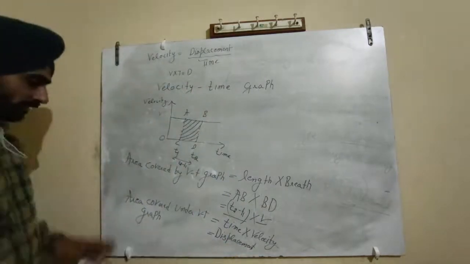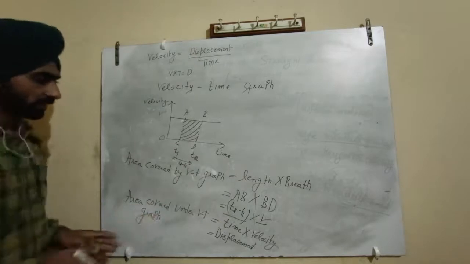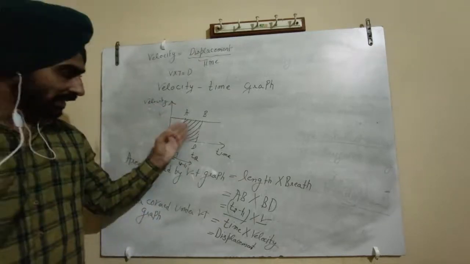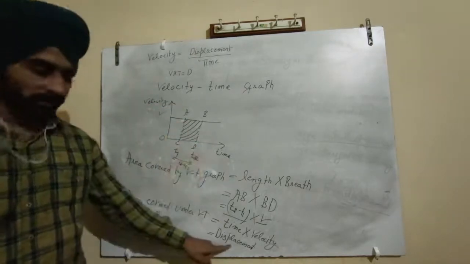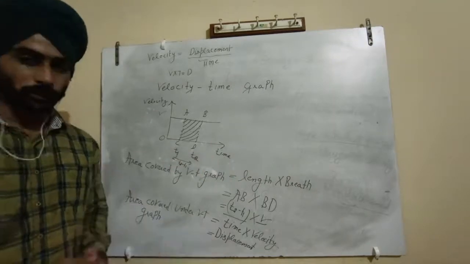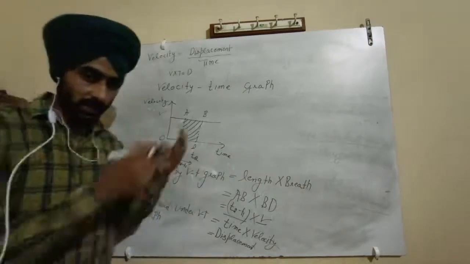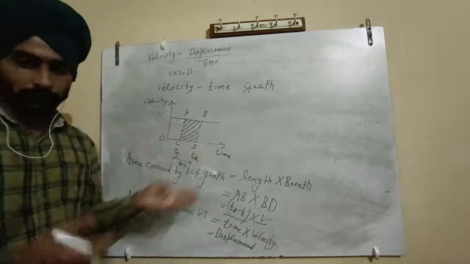So displacement is given by the area covered under the VT graph. If you calculate the area under the VT graph, you are going to get the value of displacement covered by that object. If an object is moving on the road, you can draw the VT graph for that object.